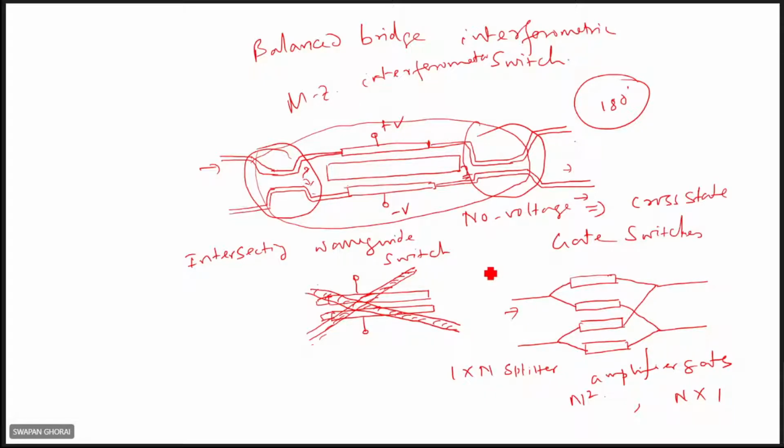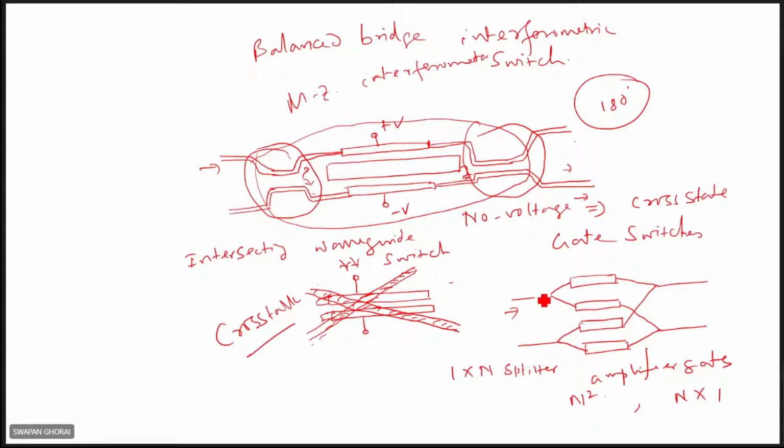There can be other configurations. Here you see a separation between the two gates, but there can also be intersecting waveguide switches. This is very useful for crosstalk elimination and crosstalk performance.